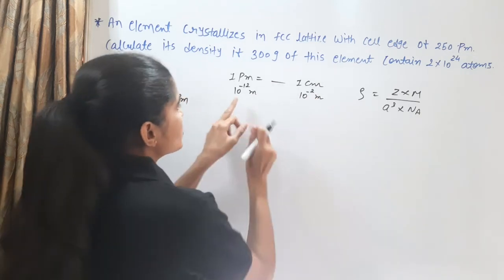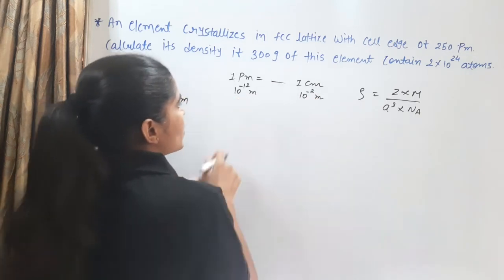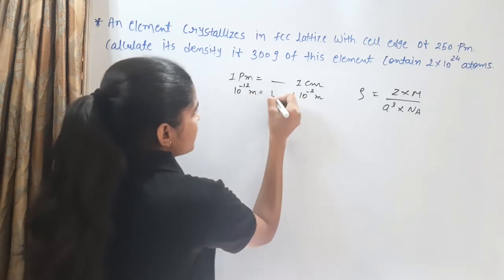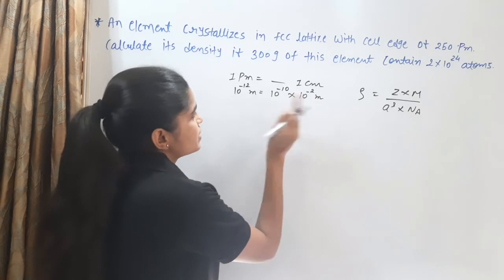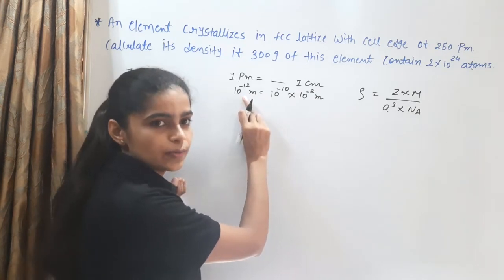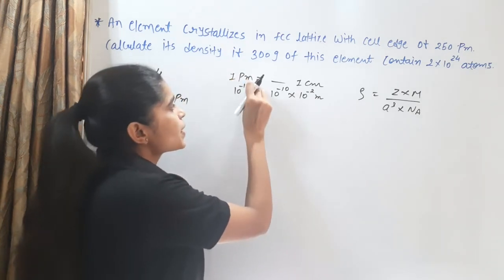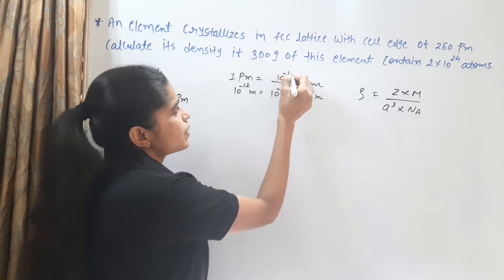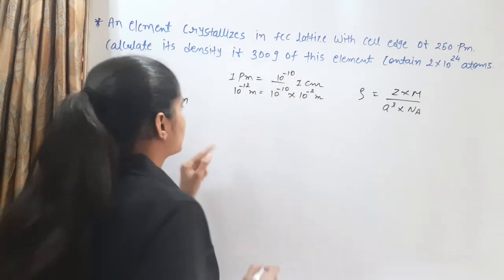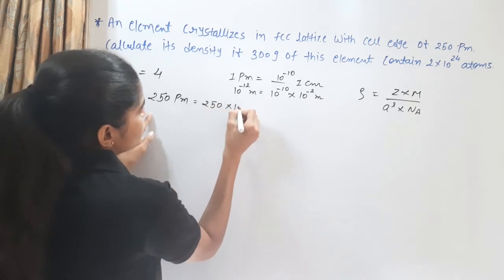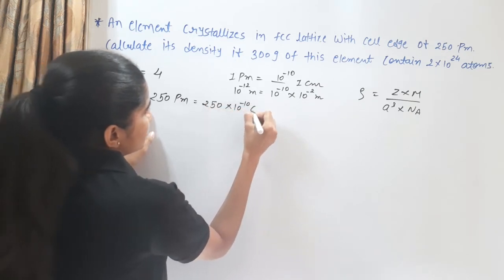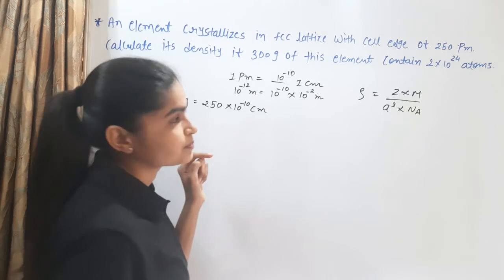So we multiply both sides by 10 raised to minus 10, and we can say that 1 picometer is equal to 10 raised to minus 10 centimeter. In this example, we write 250 into 10 raised to minus 10 centimeter.